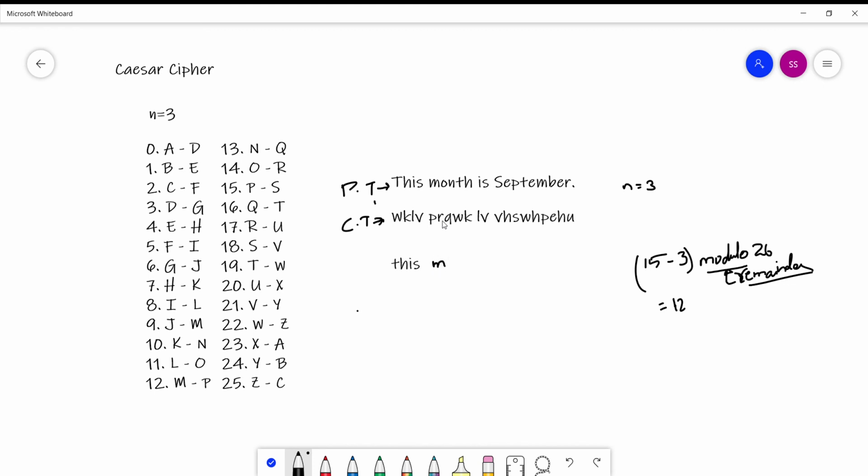Similarly, the second ciphertext alphabet is R. So R is 17. So I will take 17 minus 3 mod 26. Okay, so it is 14, right? So 14 mod 26, we can write.